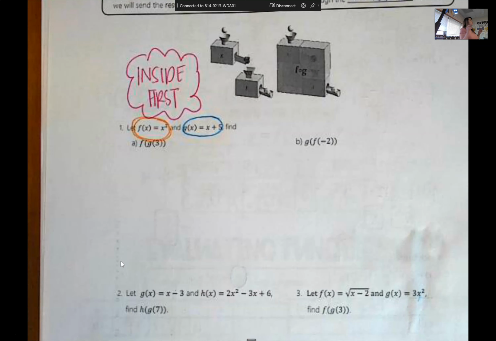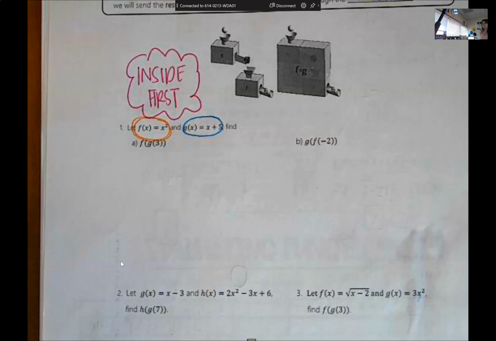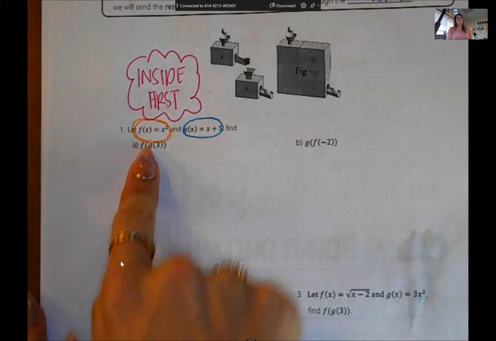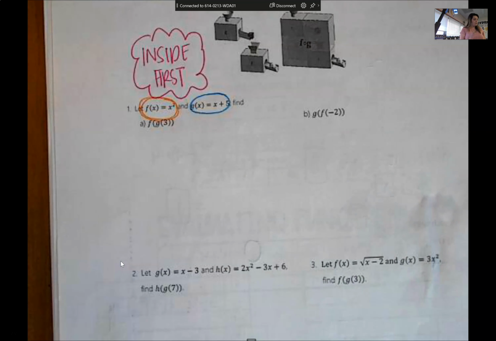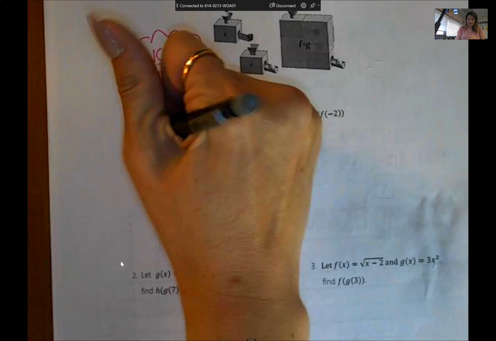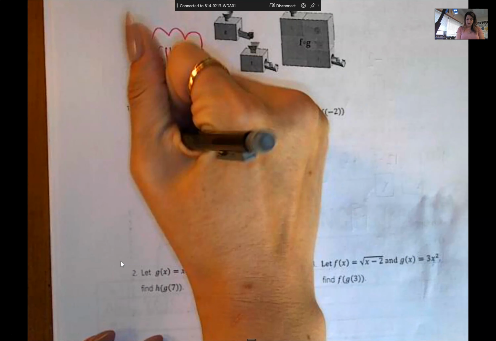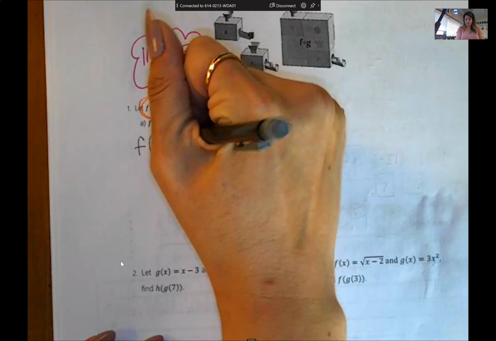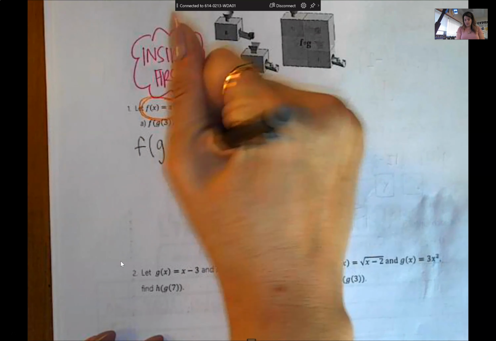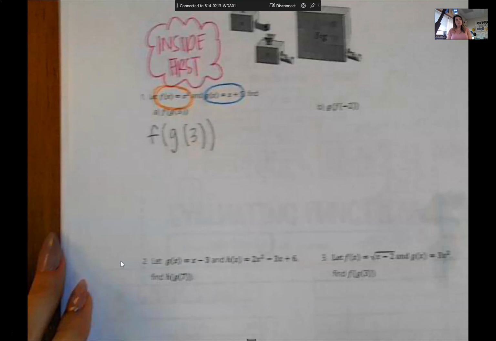So they're giving us two functions. Now what this thing down below is saying, so I'm going to write this bigger so that it's even clearer than it already is, A is asking us to find f of g of 3. Say what?